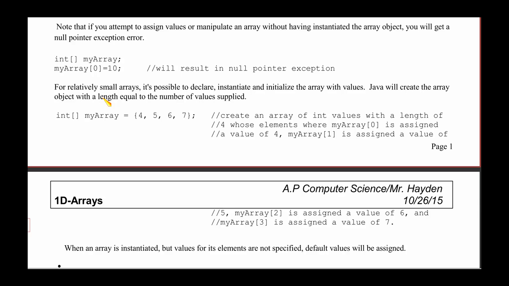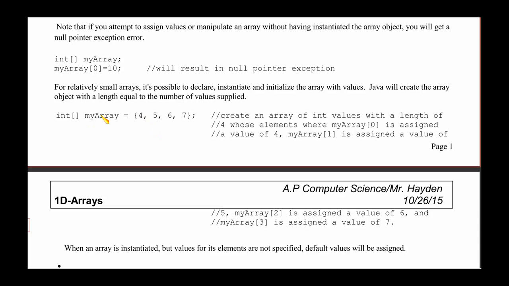All right, so for small arrays, you can actually declare the array and instantiate it and assign values all at the same time. And this would be the syntax for doing that. The values that you list, separated by commas inside the braces, are the values of the array, and Java will create the array, deciding on the length based on how many values you have.